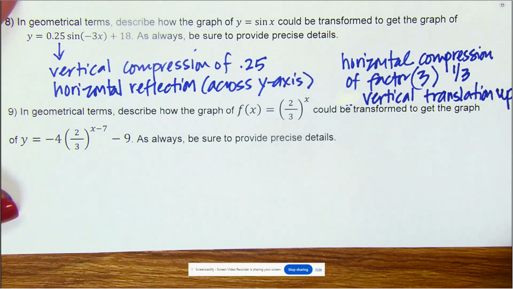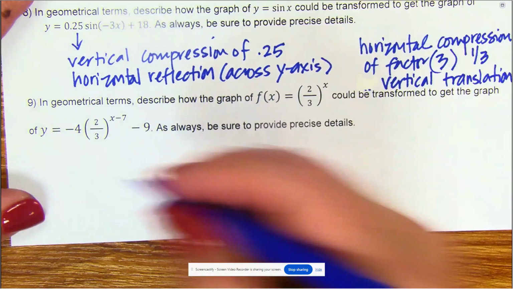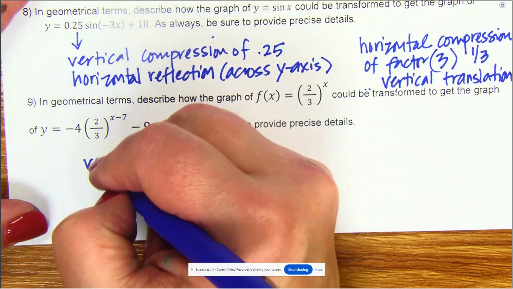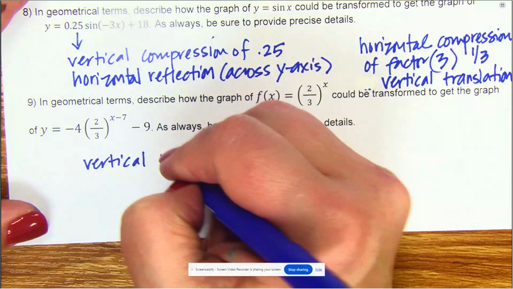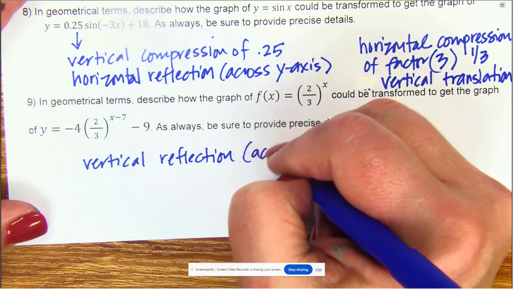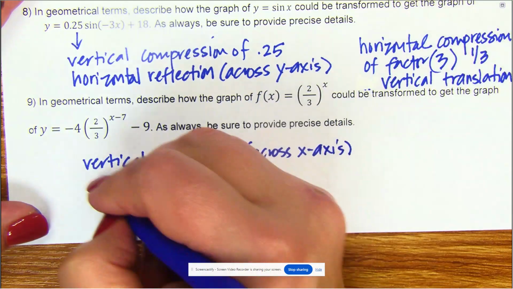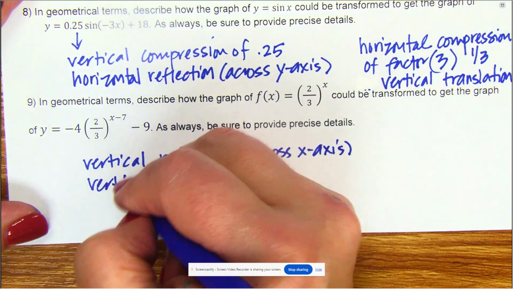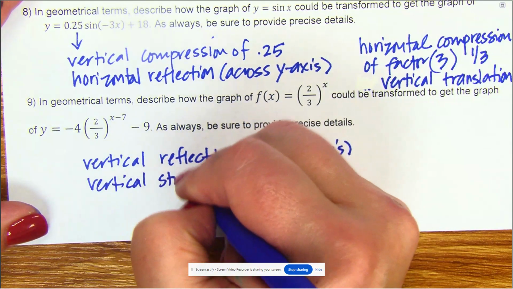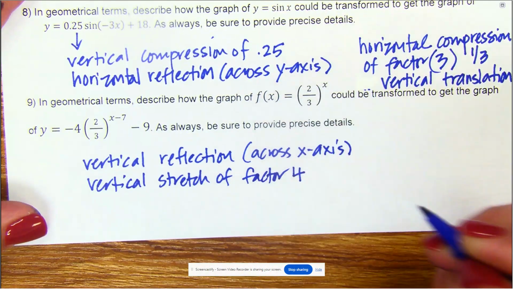Next one, all right, we have f of x equals 2/3 to the x, that's an exponential decay. So the negative is a vertical reflection across the x-axis. The 4 is a vertical stretch of factor 4.